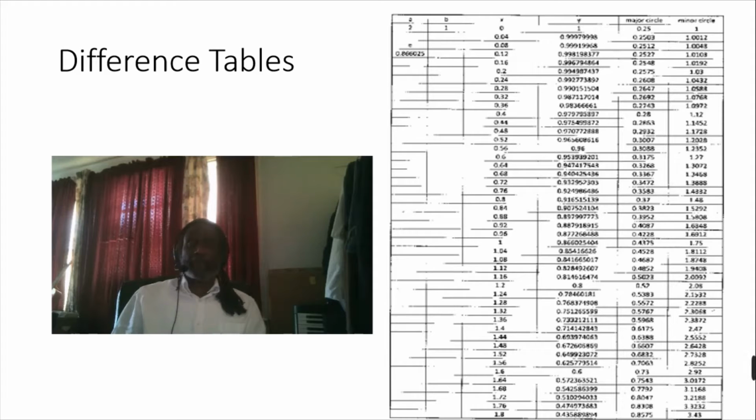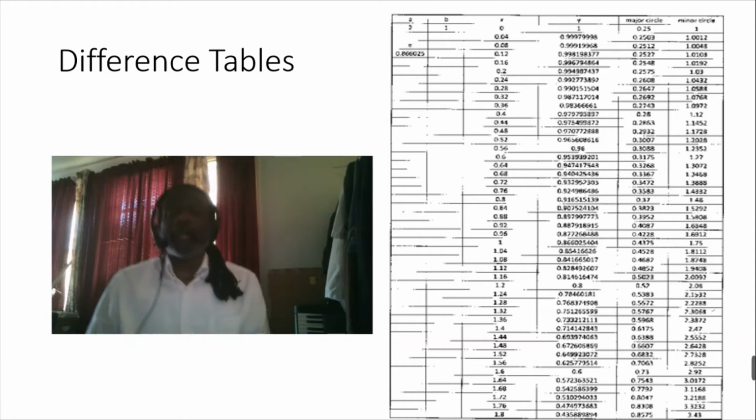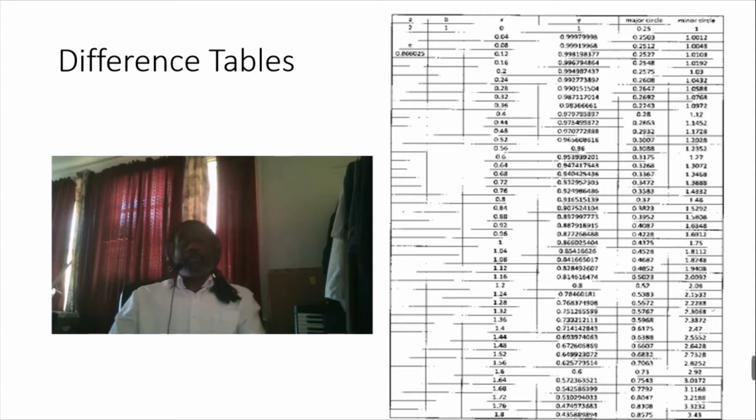You can find the difference between the two circles, the numbers that came from the circles, difference between the X column and the Y column, or the difference between the major circle column and the Y column, difference between the minor circle column and the Y column. So there are many difference tables that we could generate, and often difference tables reveal patterns that are useful in evaluating things. Oftentimes, ideas jump right out at you from difference tables.